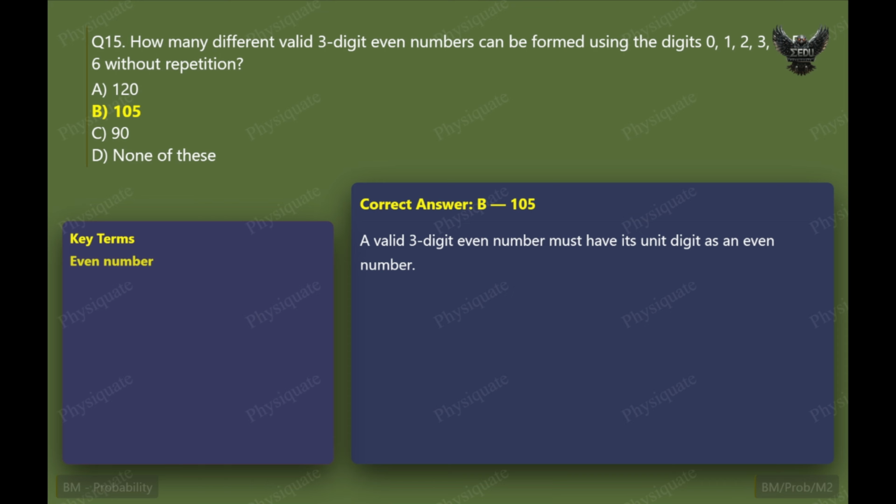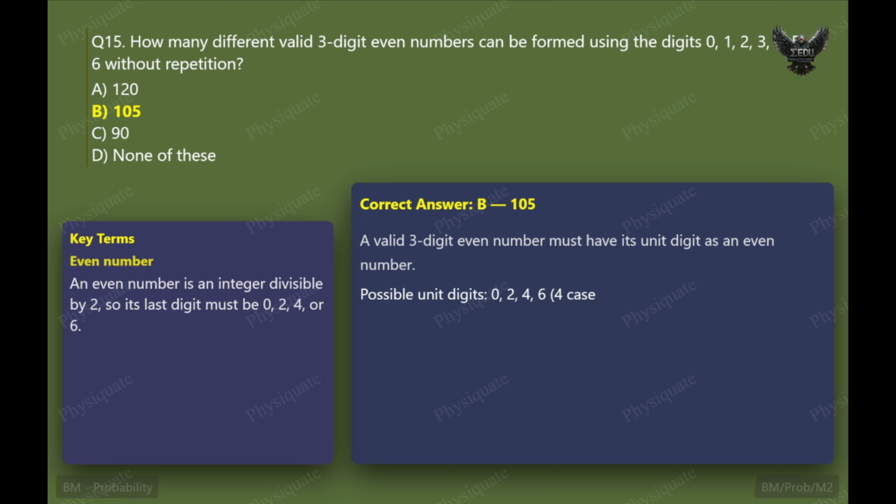Now let us consider even number. An even number is an integer divisible by 2, so its last digit must be 0, 2, 4, or 6. Possible unit digits: 0, 2, 4, 6, 4 cases.